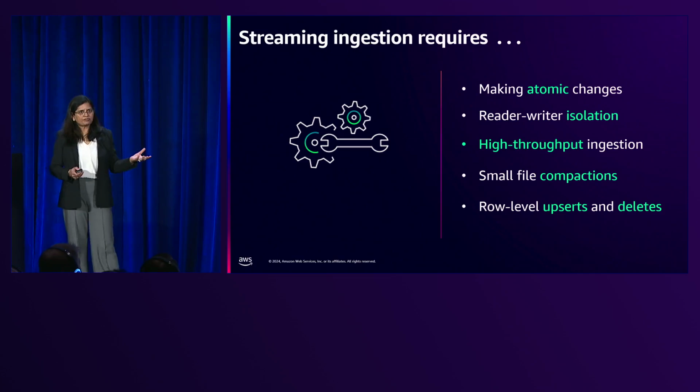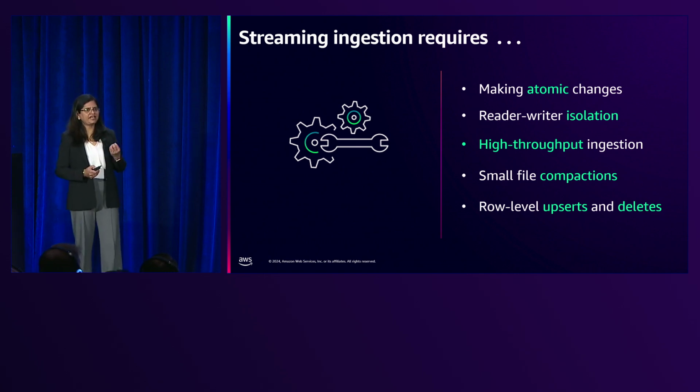But to support these streaming ingestion use cases, you need to be able to make atomic changes, because as teeny tiny streaming updates become available, you need to be able to apply these changes immediately. You need to be able to provide a snapshot for the readers to read and query the data, whereas the writers can do their writing at the same time.